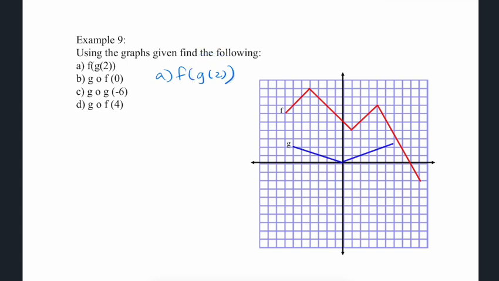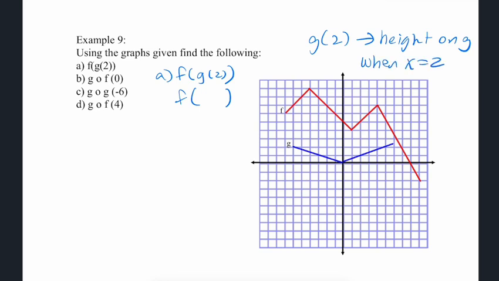Ignore that f is even there, and focus on g of 2. On a graph, g of 2 is just the height on g when x equals 2. That's all it is. G of 2 is just the y value when x equals 2.